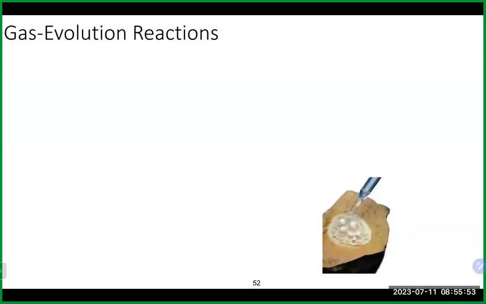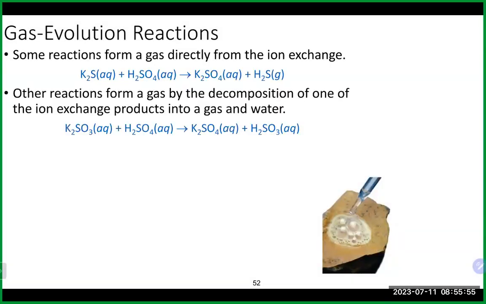Now, another sort of result that can occur in a double displacement reaction is that you can form a gas, and a gas can be generated in addition to obviously water or a solid. There are really two ways that a gas can be generated in this type of reaction.